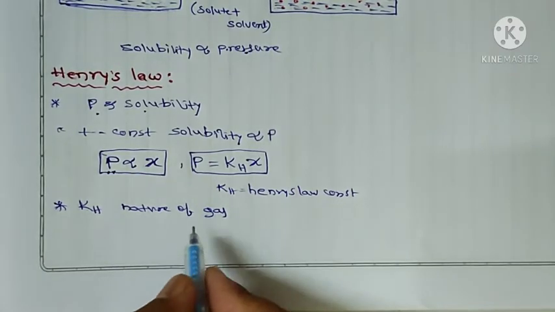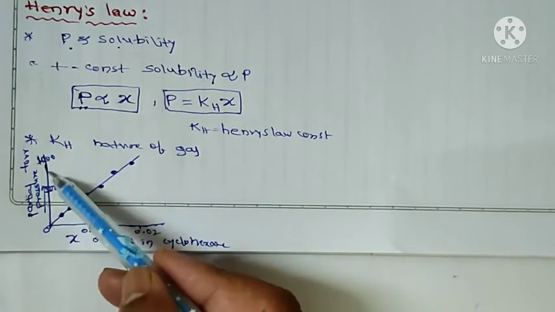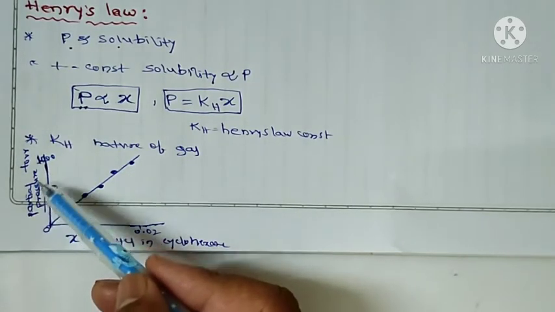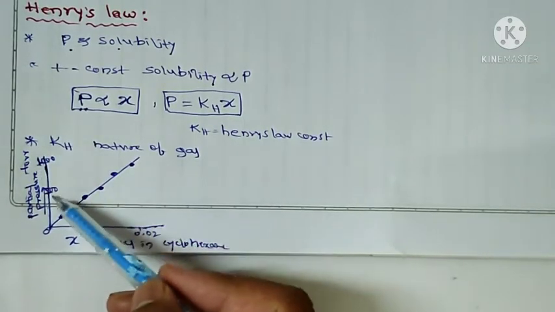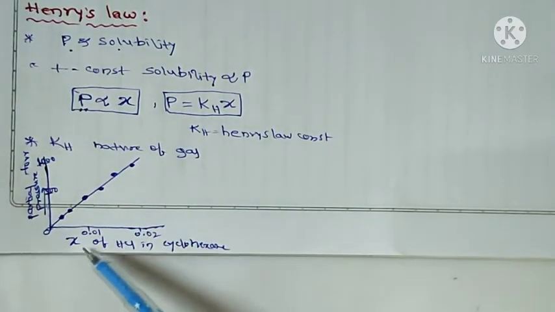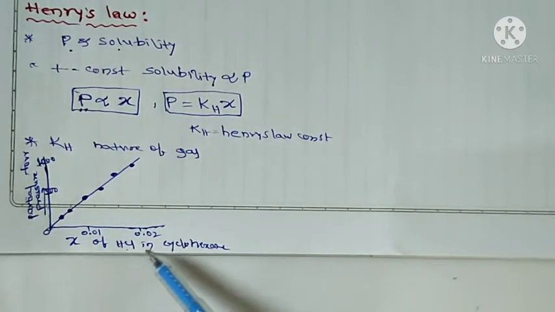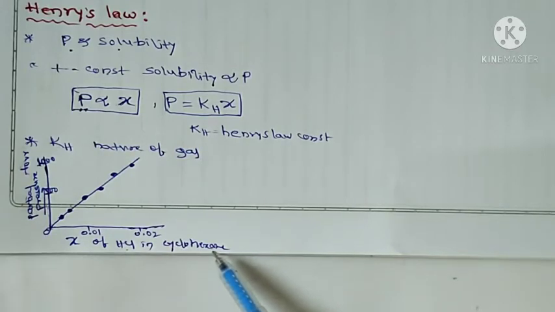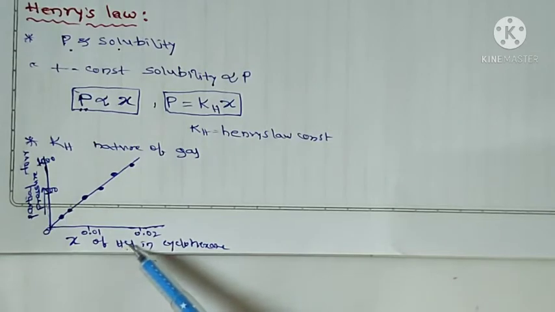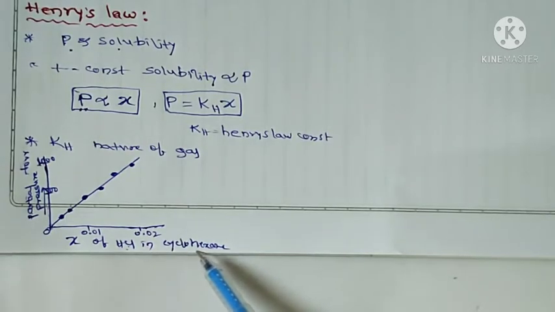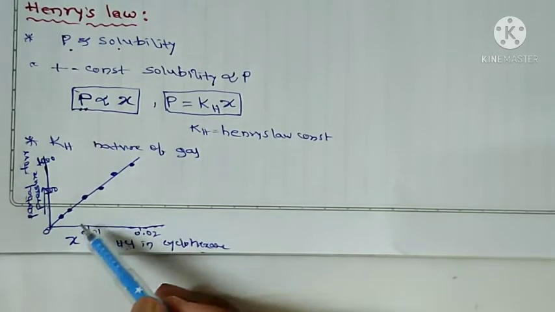So at the same temperature, let me take one graph. On the y-axis I am taking the partial pressure, with units in torr. On the x-axis I am taking the mole fraction of HCl gas in cyclohexane. Cyclohexane is the solvent and HCl gas is the solute.